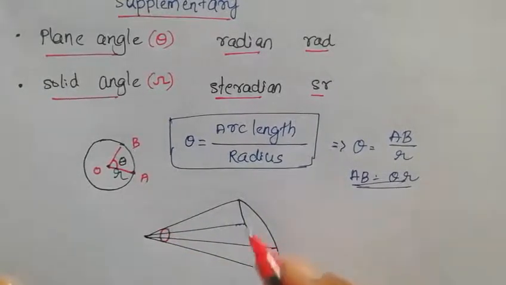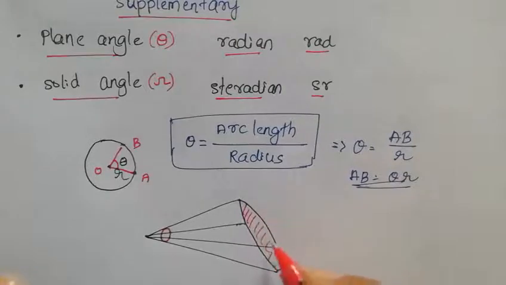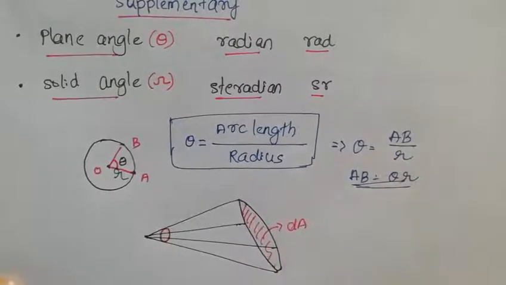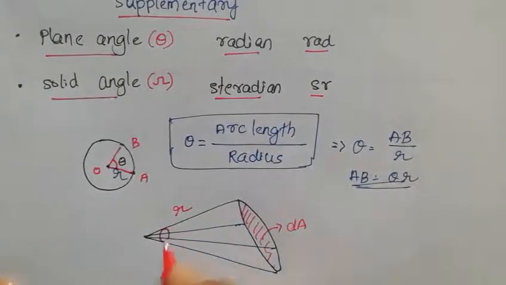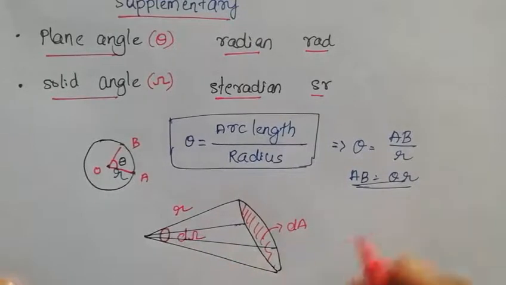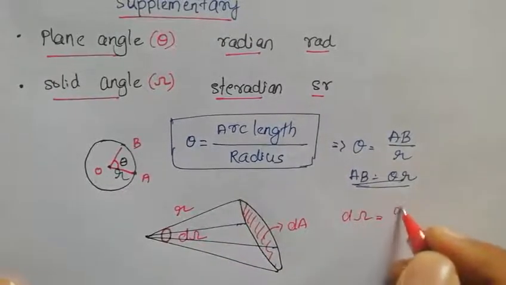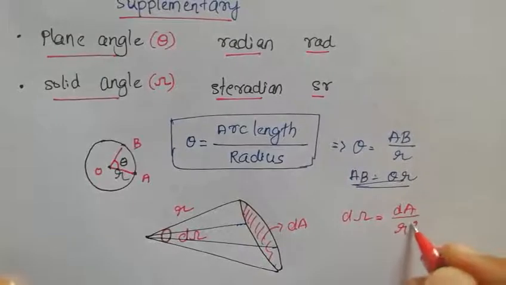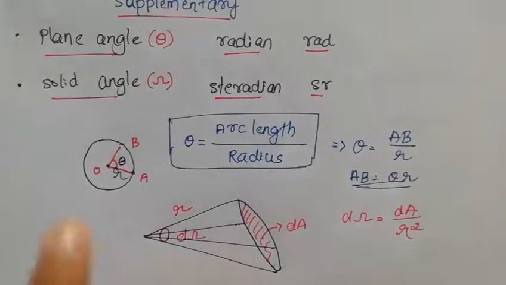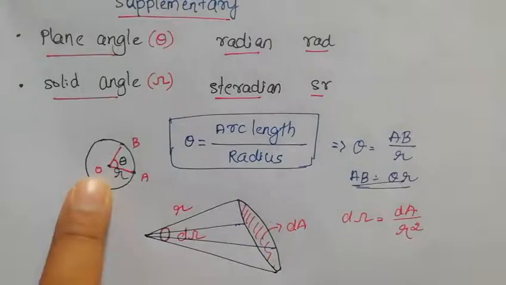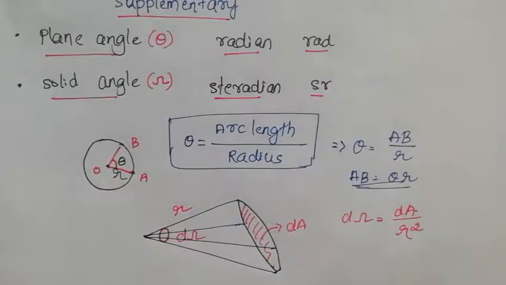The area covered, let me call it dA, a small area, and the distance is R. This angle is d omega. Then d omega is given by dA by R square, that is, the area covered divided by the square of the radius, which we call the solid angle. Just have an imagination, it is a 3D picture, while this one is a 2D picture. This is plane angle, this is solid angle.